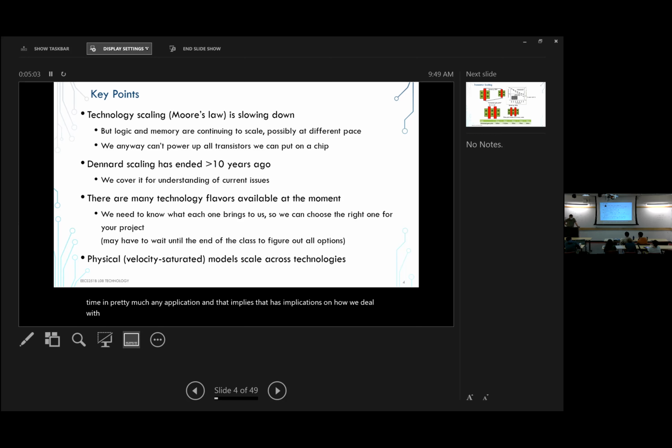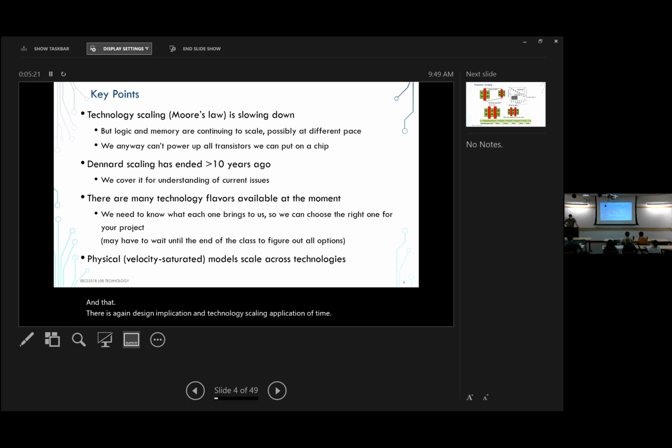A reason for that is that Dennard scaling ended 15-ish years ago or a little bit more, and there are design implications and technology scaling implications of that.